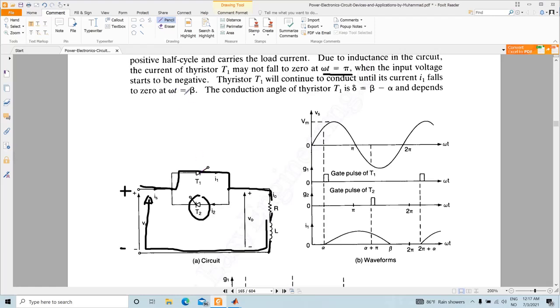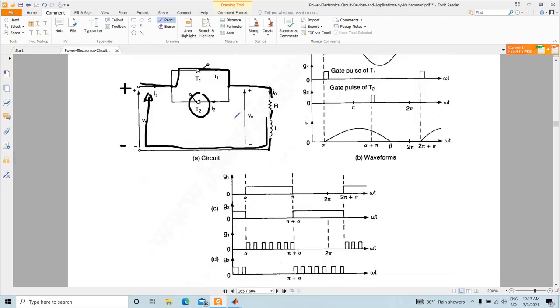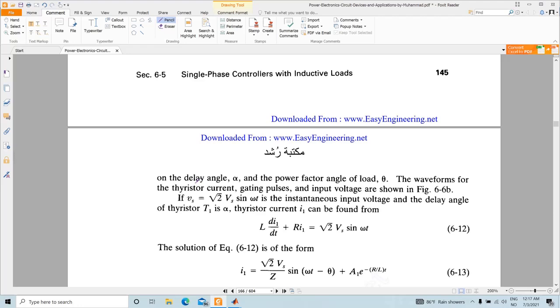At omega t equals beta, which is called the extinction angle, the moment when this thyristor T1 ceases conduction is defined as beta, and the conduction angle delta is basically the difference beta minus alpha. So the moment when it starts conducting and the moment when it ceases conduction, the difference between these two is the conduction angle, and it depends on the delay angle alpha.